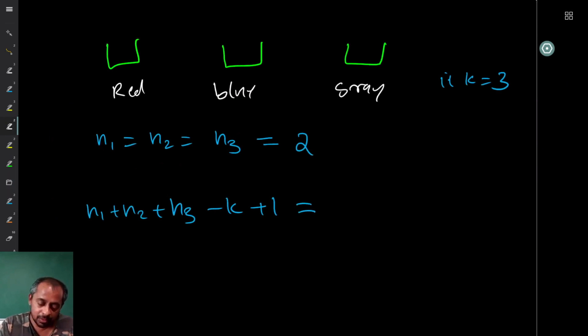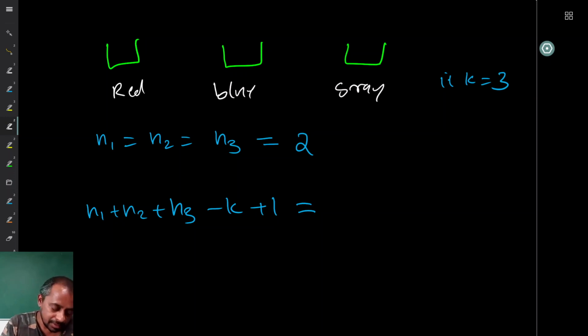We need either 2 red or 2 blue or 2 gray, one of them, right? So n1 is equal to n2 is equal to n3 is equal to 2, and therefore by applying the generalized form, the minimum number of socks you need to pick will be n1 plus n2 plus n3 minus k plus 1, right? The same thing that we just saw.